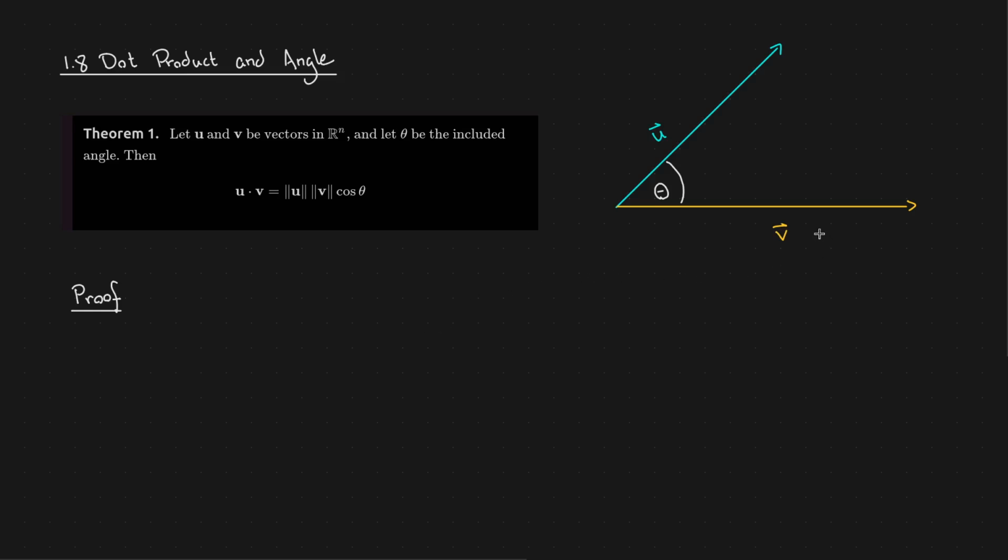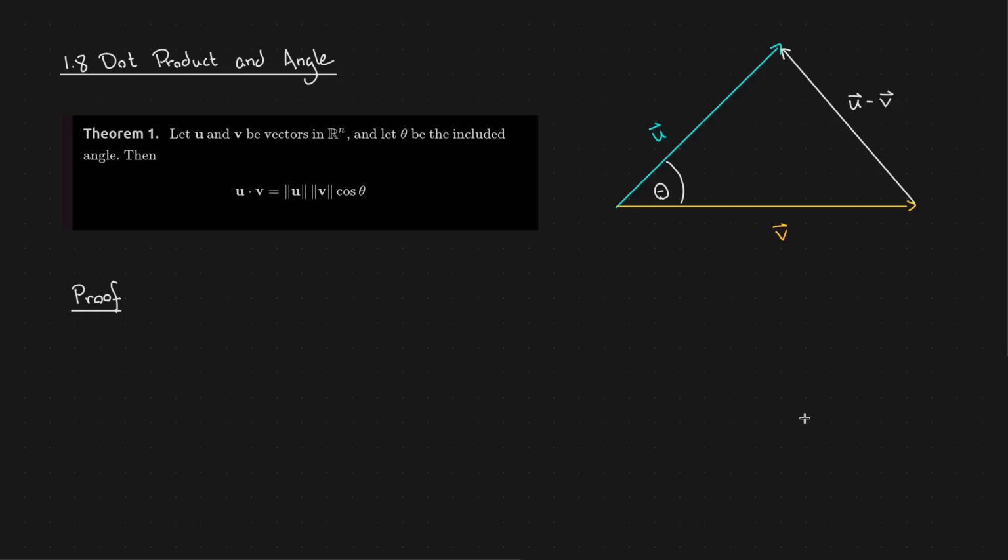To do that, I'm going to complete the triangle by drawing a third vector from the tip of v to the tip of u. As we know from vector arithmetic, this is vector u minus v, because I end at the tip of u and start at the tip of v. So end minus start, u minus v.